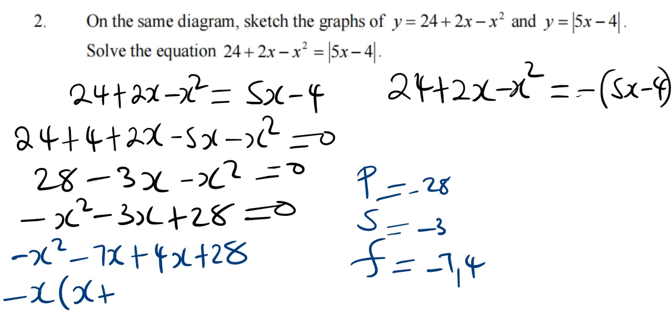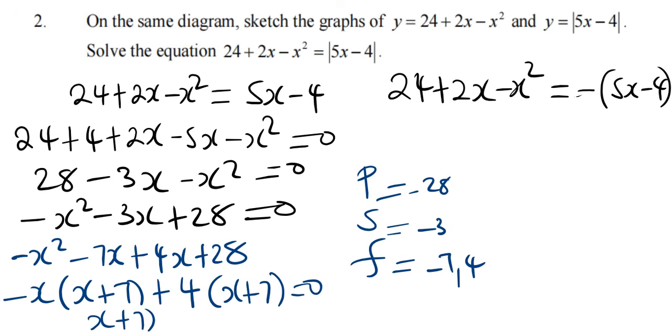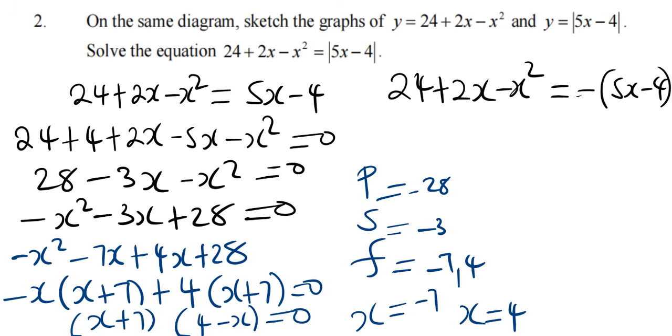So negative x times x plus 7, then plus, when I factorize out the 4, I remain with x plus 7. This is equal to 0. So we're going to have x plus 7 times 4 minus x is equal to 0. So the values of x for this first equation: x will be equal to negative 7, and another value of x will be equal to 4. So basically that is how we solve this one.